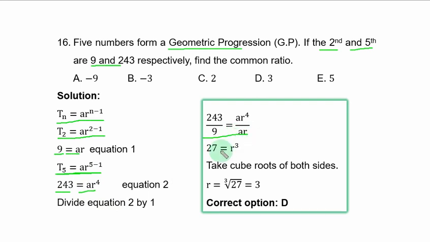That simplifies to 27 equal to r cube. To get r, you need to get the cube roots of both sides. So r is equal to cube root of 27, and that is 3. D is the correct option.